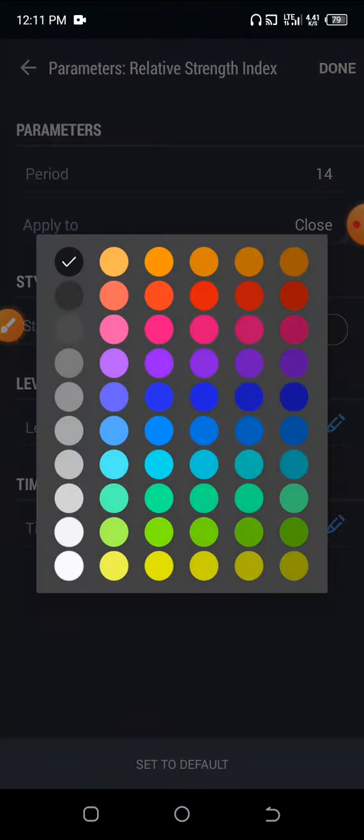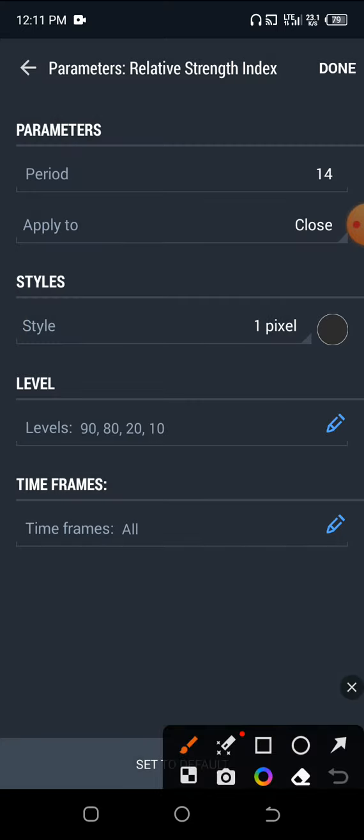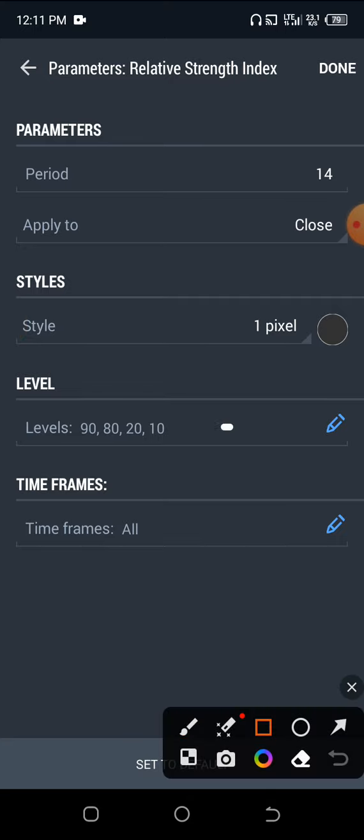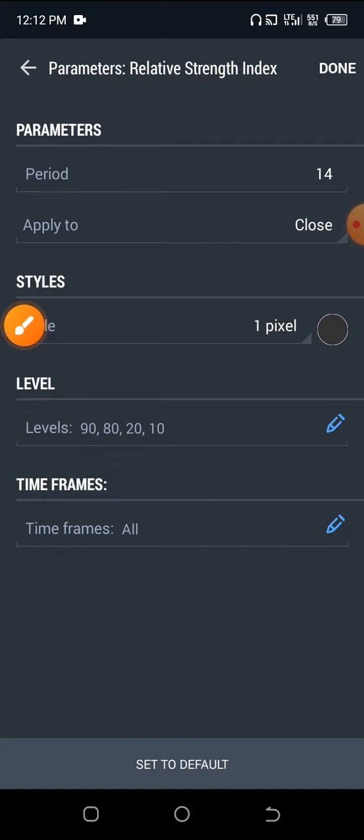Make this your background color. Once you have something like this, then you save it. Remember that this is what we have. Please don't forget to add this as it is here. It's very, very important to put the levels like this: 90, 80, 20, 10. That is what we have in this place.